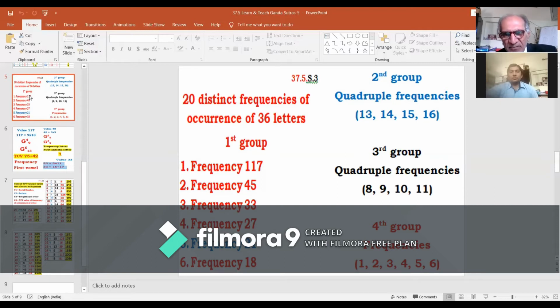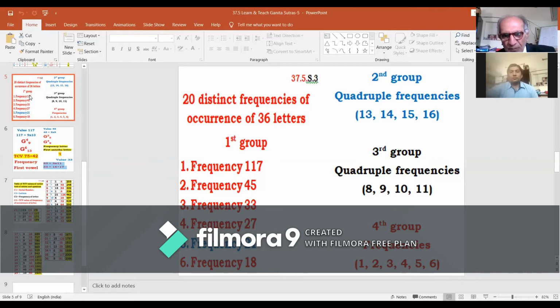Value 8 as Ashtakirti, value 9 as Nav Brahm, and value 10 as Per Brahm. Value 18 is of the transcendental format of 11 Rudras. Therefore, the third group as quadruple frequencies 8, 9, 10, 11 is leading us to a format of hypercube 10.